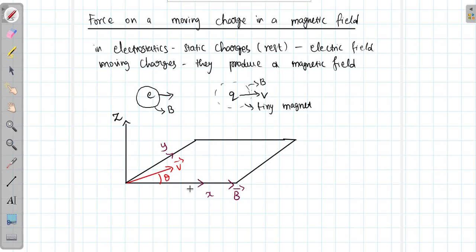Now what happens? The charged particle experiences a magnetic force.